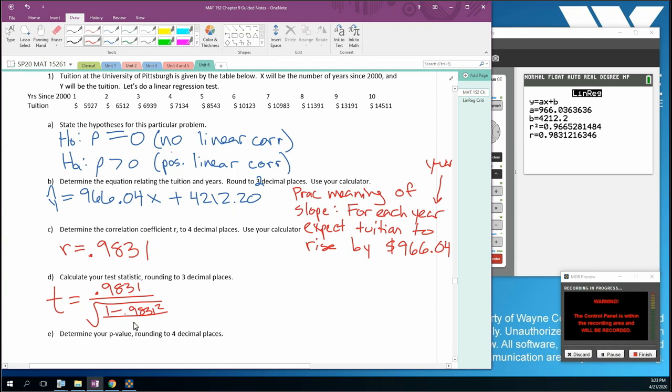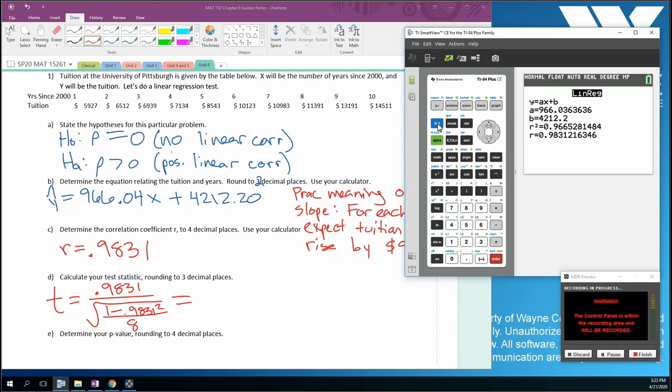So if I go to do this in the calculator real quick, I get to set up a fraction here, 0.9831, 1 minus 0.9831 squared over 8, and we get a t-value of 15.189.